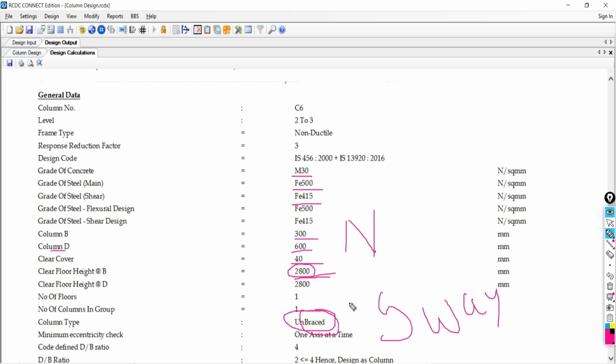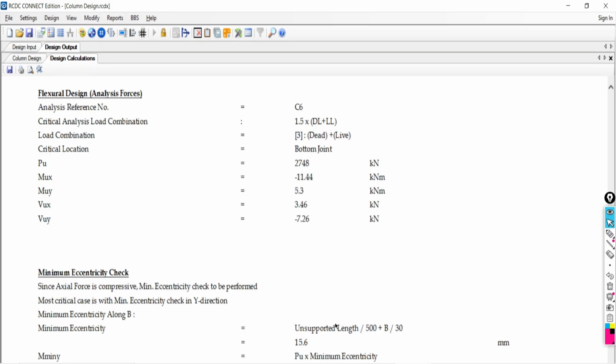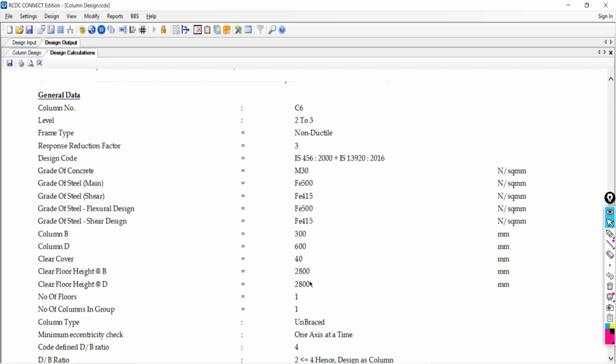While doing our manual approach, we considered sway, and RCDC is also considering sway. Why? Because we have manually defined the effective length factor as 2 and 1.32, which are both more than 1. That's why it is considered unbraced. Eccentricity, one axis at a time it is going to consider.